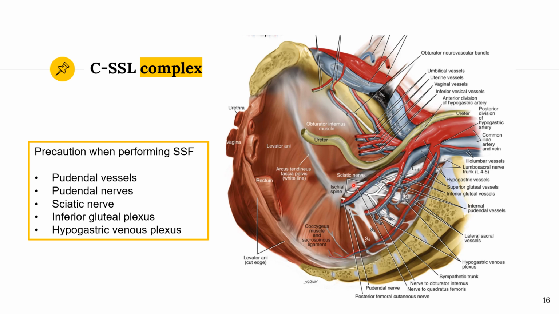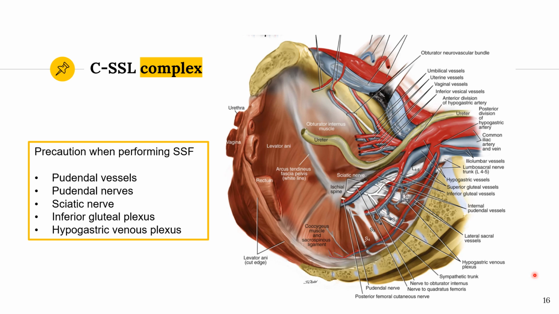Second, the sciatic nerve is superior and lateral to the ischial spine. And the third one, there's an abundance of vascular supply, which includes the inferior gluteal plexus and hypogastric venous plexus. They lie superior to the ischial spine, so this area must be avoided.